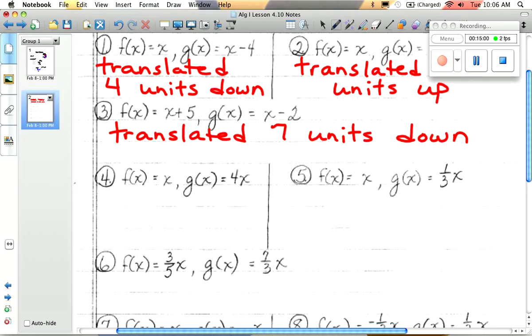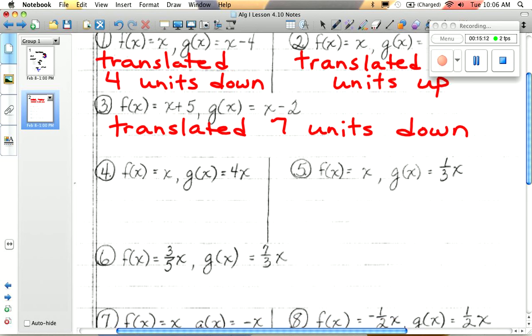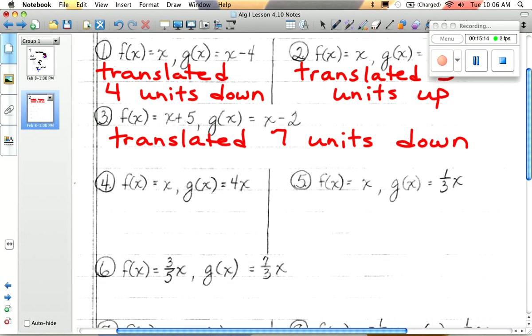It translated 7 units down. Okay. Would these lines be parallel? Yes. Again, same slope. Different y-intercepts.